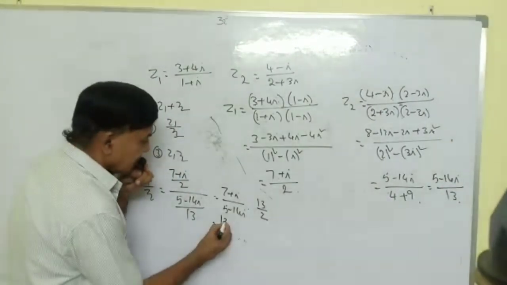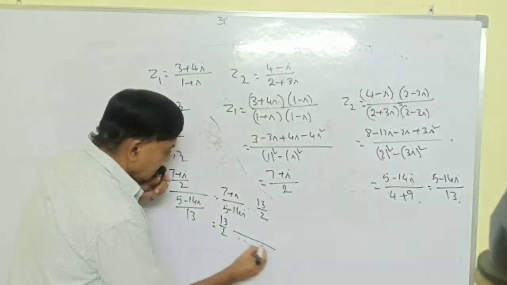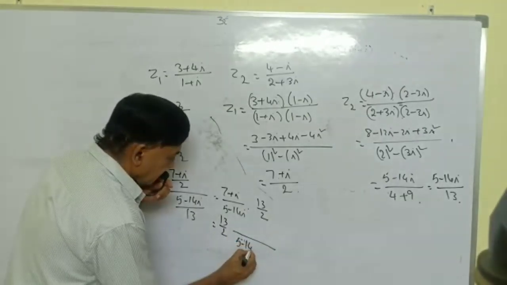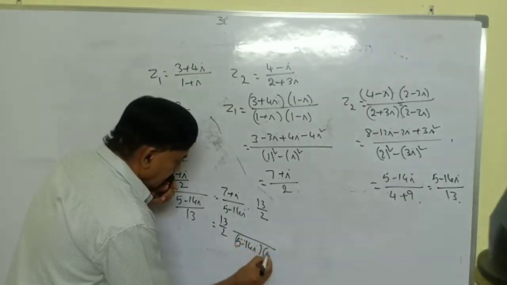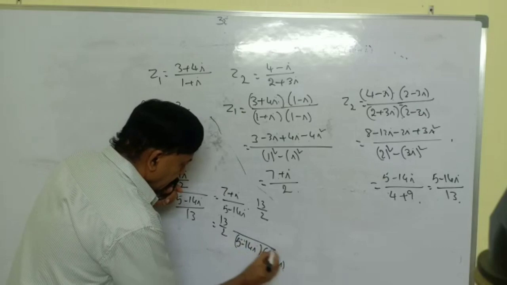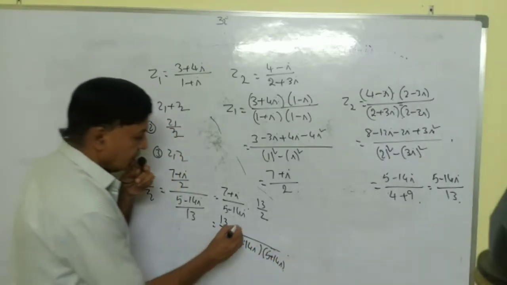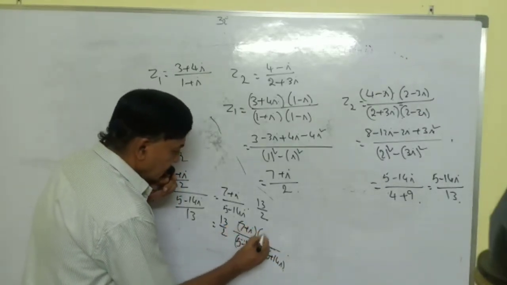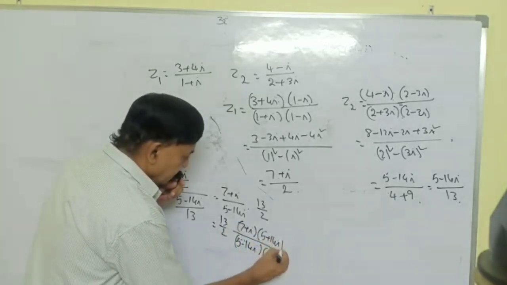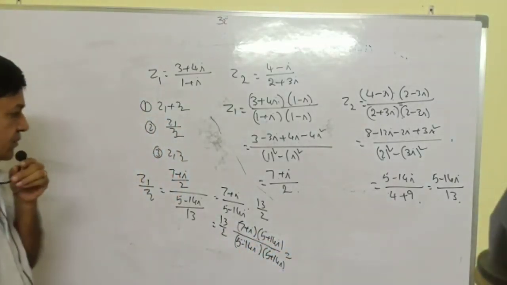Now you rationalize the denominator, multiply with 5 plus 14i: (7 plus i) into (5 plus 14i) like this.